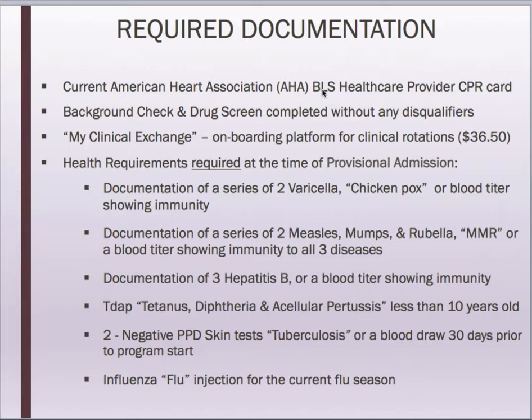The Surgical Technology Department will provide students directions on how to order and complete their background checks and drug screen at the appropriate time. Clinical sites may also require an additional background check and/or drug screening. Students must pass their background check and drug screening without any disqualifiers in order to begin the program.